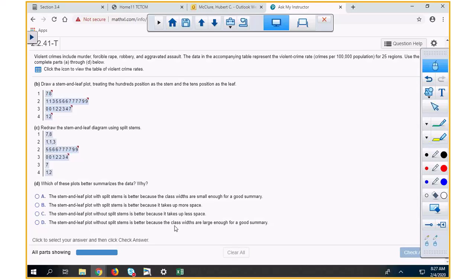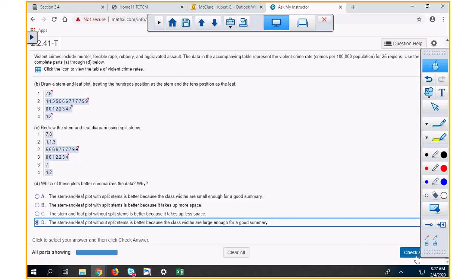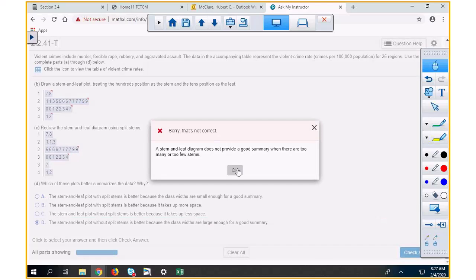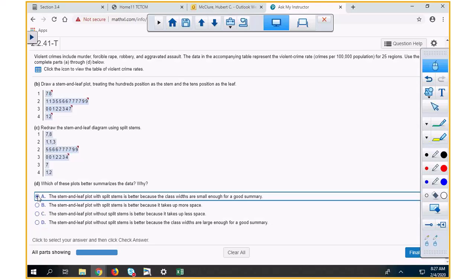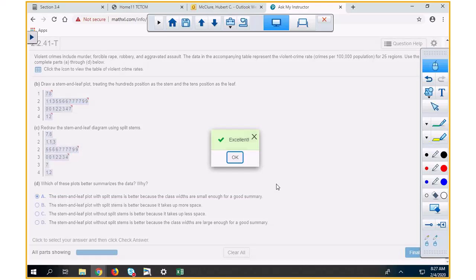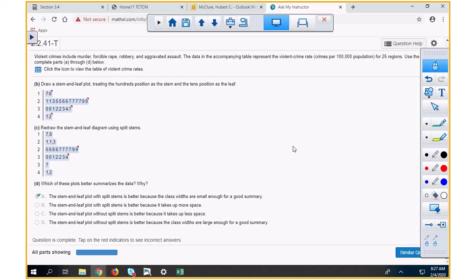Without splits is better. That's my opinion, but I'll probably get it wrong. They probably say with the splits. Of course. That's how you do it.